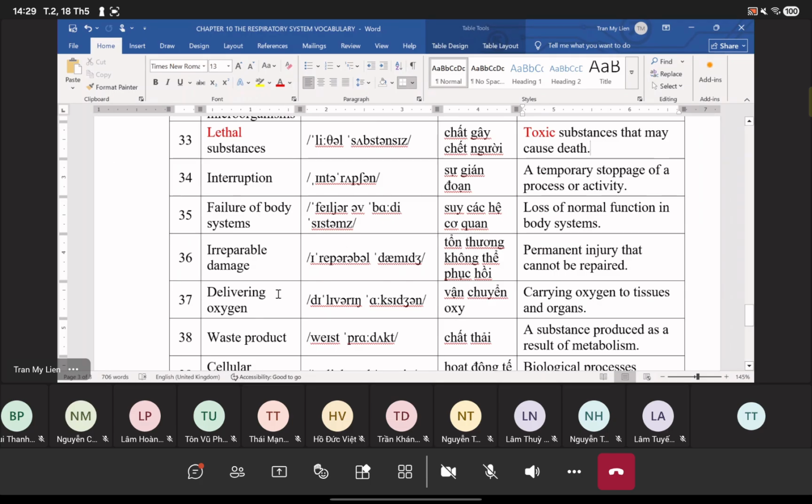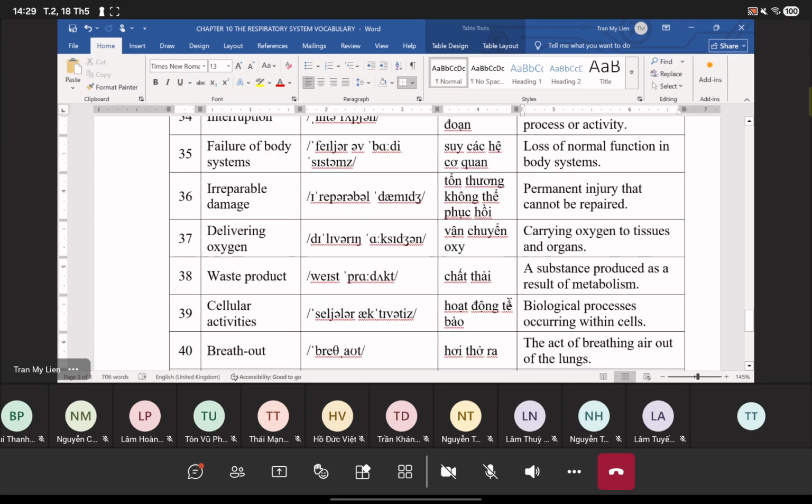Delivering oxygen, or carrying oxygen, or distributing oxygen to tissues and organs. And waste products, now removing the waste products or toxins.